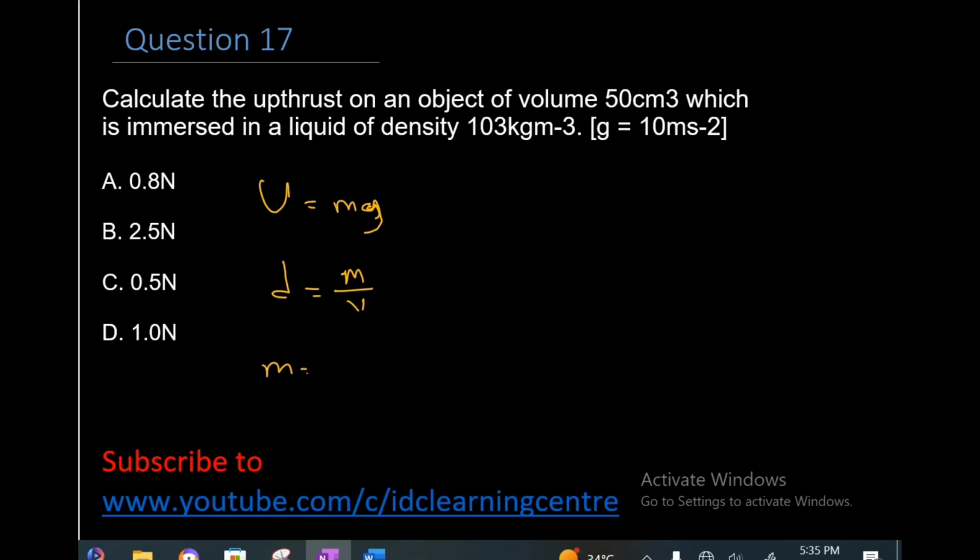M now is going to be equal to, just multiply, you have it as DV. Our m is going to be equal to our d, that's 10 to the power minus 3, multiplied by volume, which is 50. Our m now, when you multiply this, the same thing as dividing 50 by 1000, you're going to have 0.05 kilogram.